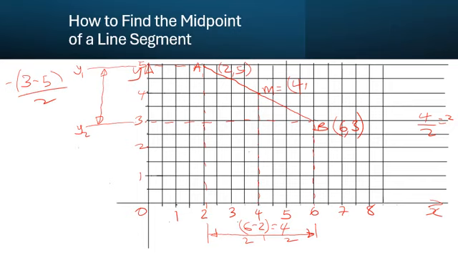So the change here is, we can still do that, but no need. So the change here is 5 minus 3. We'll say negative because going 3 minus 5, something like that, divided by 2. Yeah, this is what I described at the beginning.